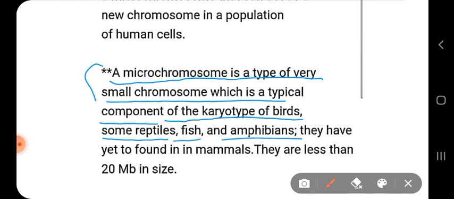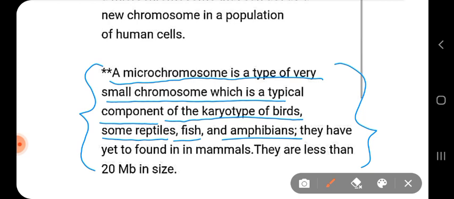and amphibians. Generally, microchromosomes are also present within the genome, but we are preparing an extra microchromosome, and within that microchromosome we are trying to insert our gene of interest for the purpose of gene therapy to cure a certain disease, either by inactivating certain genes that are causing the disease, by knocking them out, or by inserting such genes into that chromosome to be introduced into the target human body so that the chromosome may function as a normal chromosome, and the genes will continue to do their function normally.